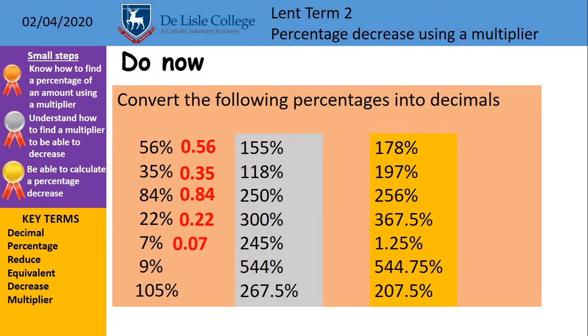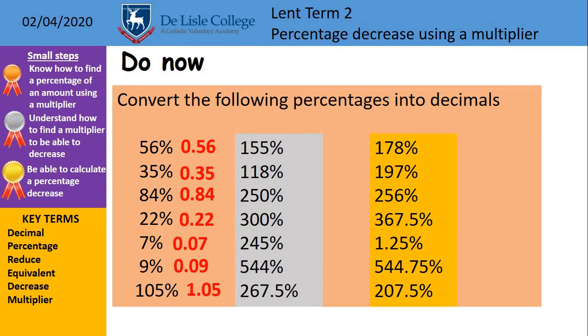Remember, hopefully you haven't got 0.7 because that would be 70 divided by 100. For 9%, 9 divided by 100 would be 0.09. And for 105 divided by 100, hopefully you got 1.05.